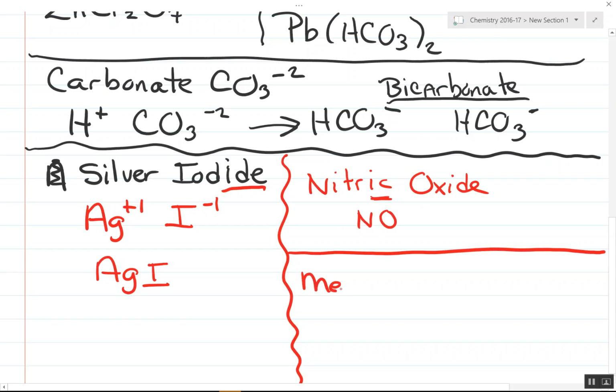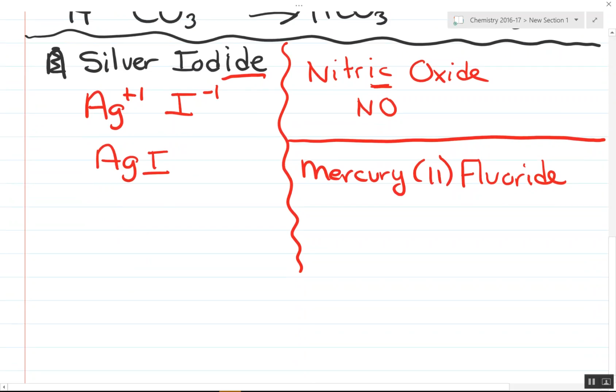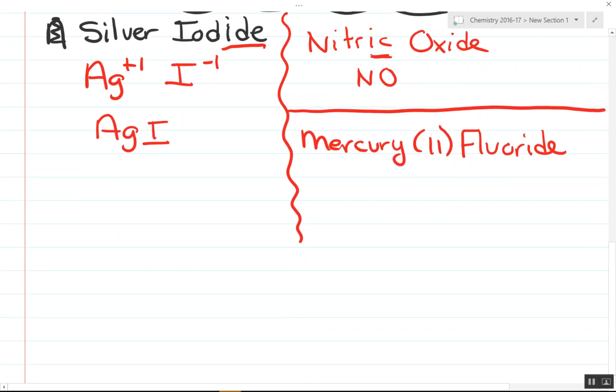mercury 2 fluoride. All right. Symbol and charge on mercury 2. Here you go. Symbol and charge on mercury 2. Hg +2.